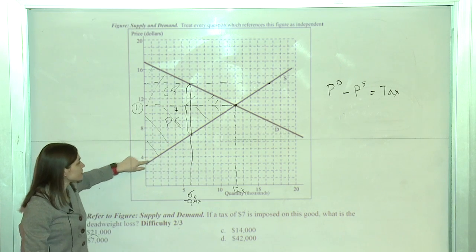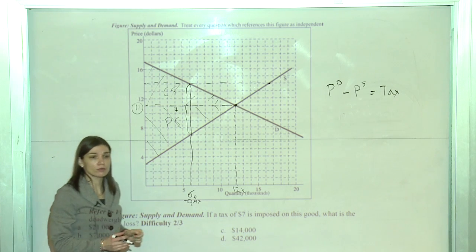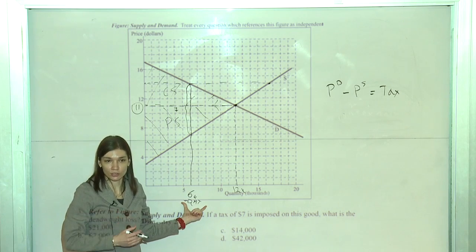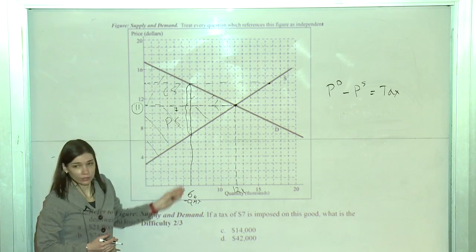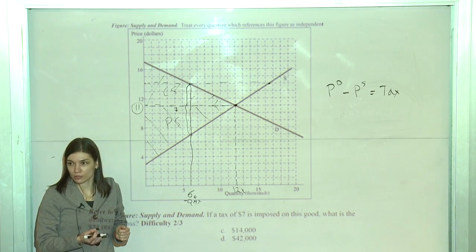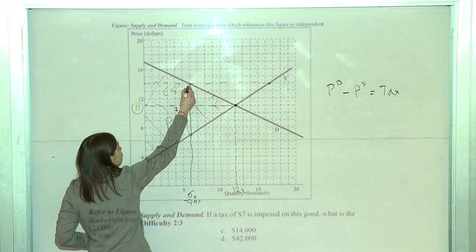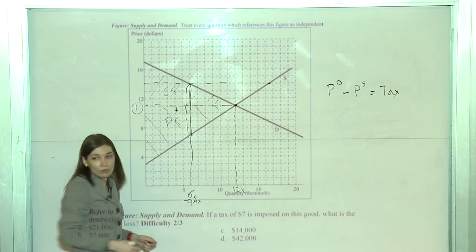At the original equilibrium, we have efficiency, so the total surplus, the sum between those two, is maximized. And the total surplus is the area of this big triangle. Now, after we imposed the tax, we saw that the consequence was a reduction in the quantity. So the market is no longer efficient, and we are losing a bit of total surplus. So after the tax is imposed, the total surplus would just be this trapezoid here.